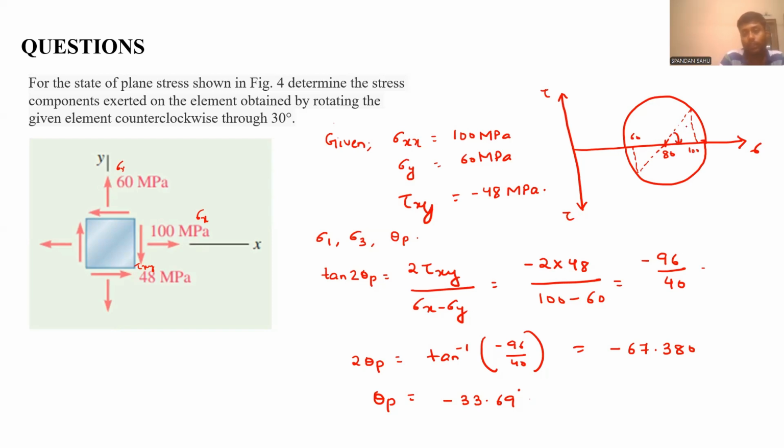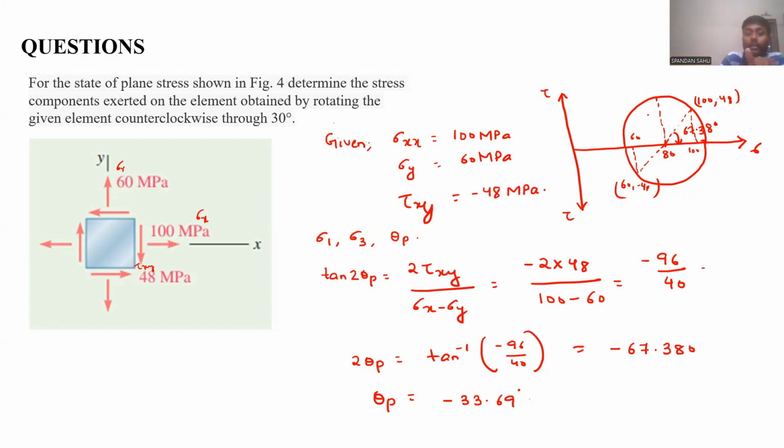This angle is 67.38 degrees, and this is 100 comma minus 48 and this is 60 comma minus 48. This is 67.38 degrees clockwise, and this will be tau max, which we don't know as of now.